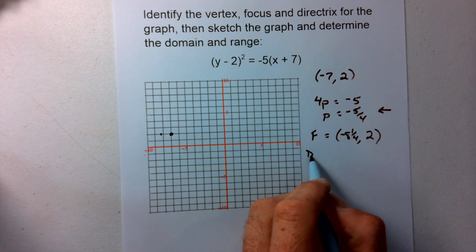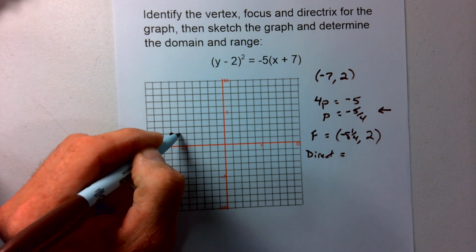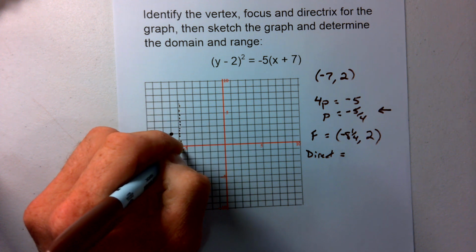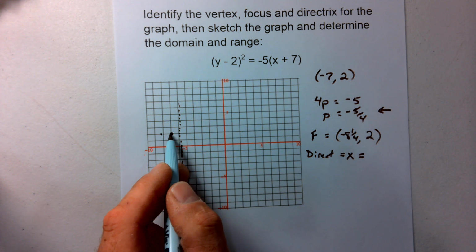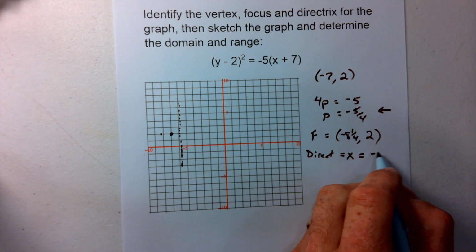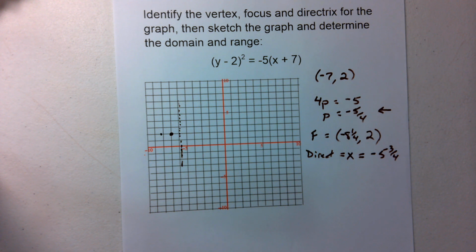My directrix is going to be 1 1/4 to the right of that vertex. So it's going to be in the form x equals, so this was at -7, so -6, -5 and 3/4. Or if you want -23/4, I'll accept that as well.